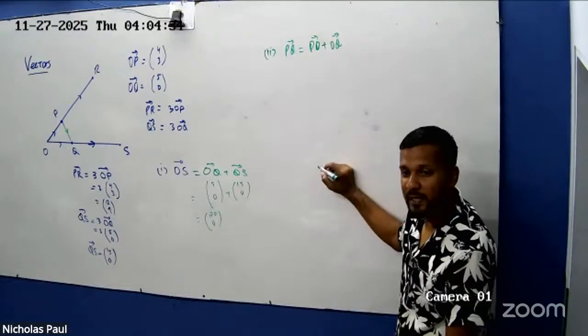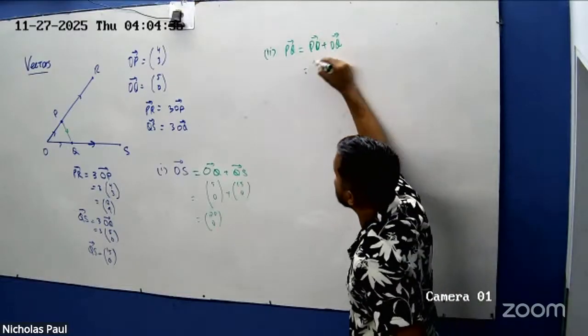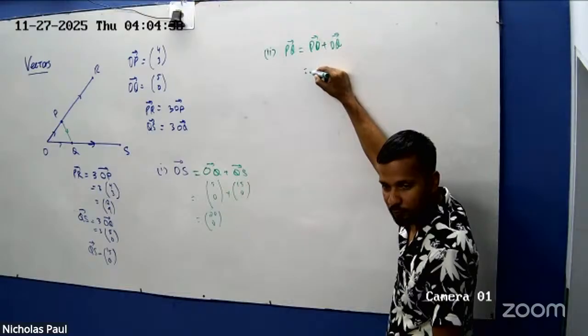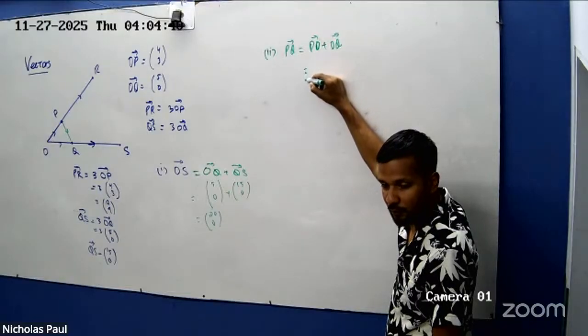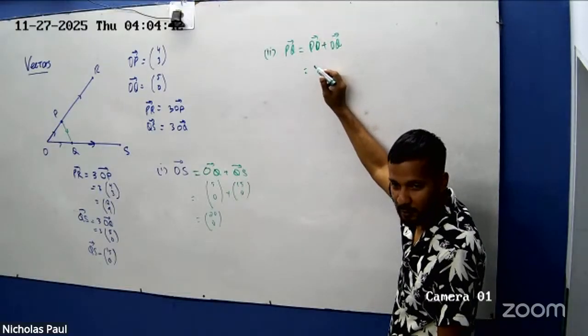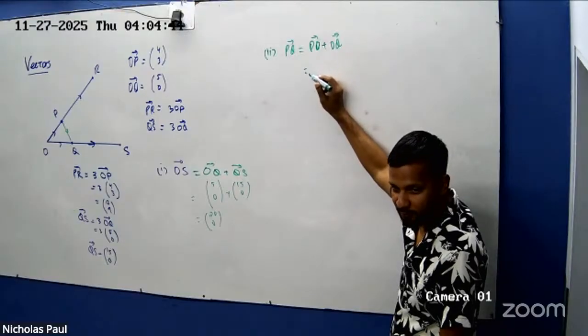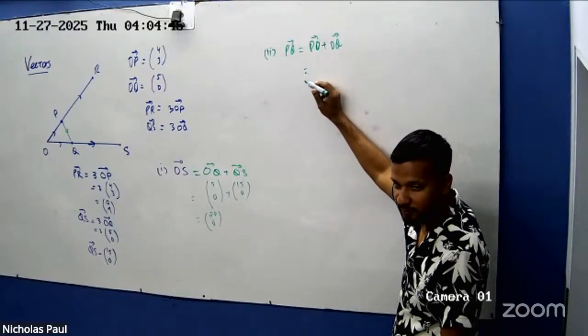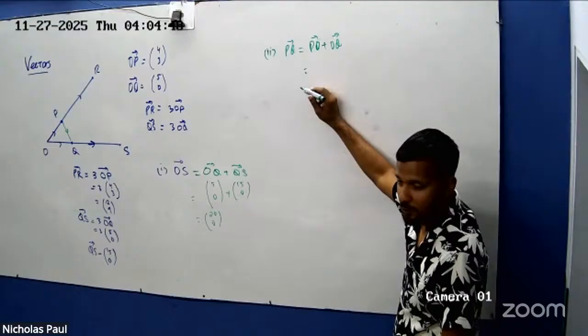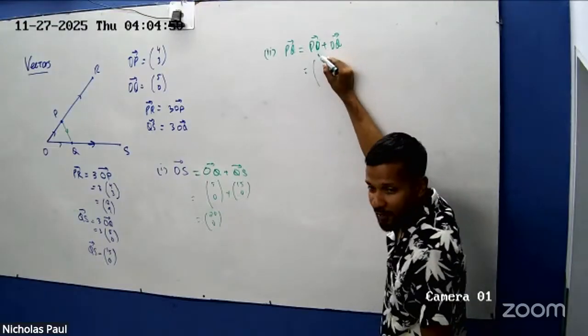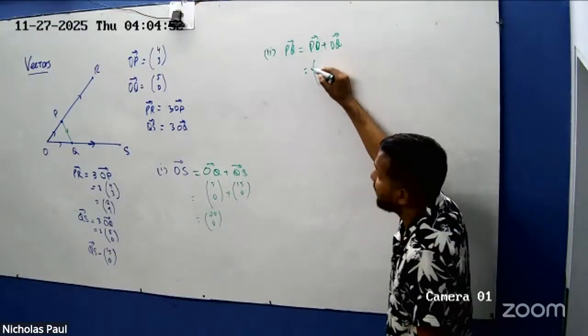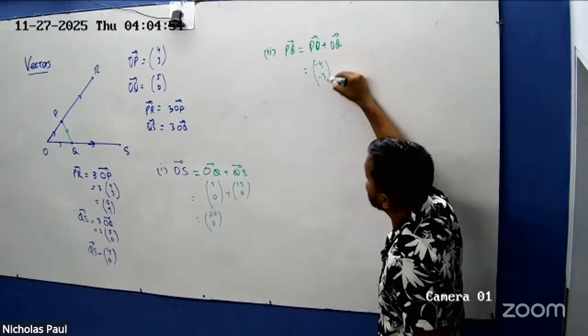Yeah, so PO plus OQ, right? PO is what though? That's wrong. So what is doing a direction change? So it will be -4, -3.